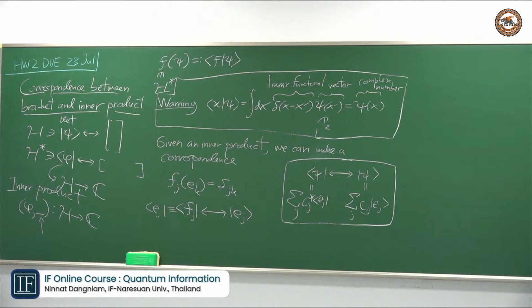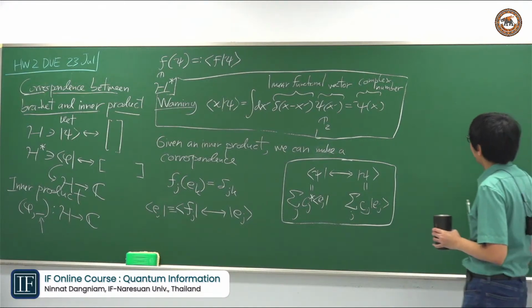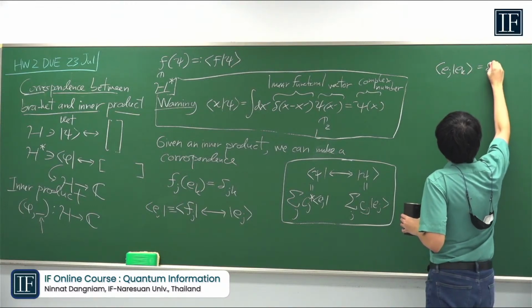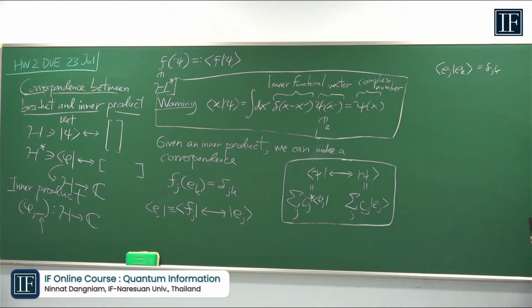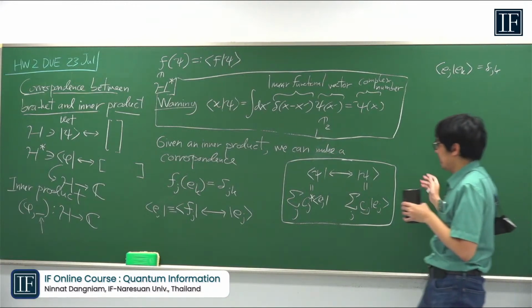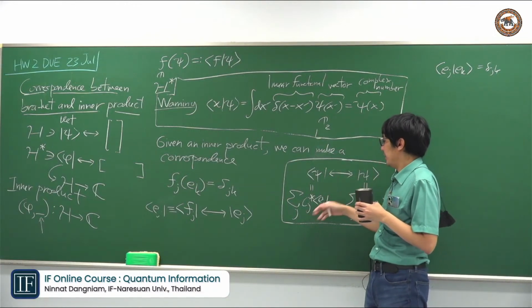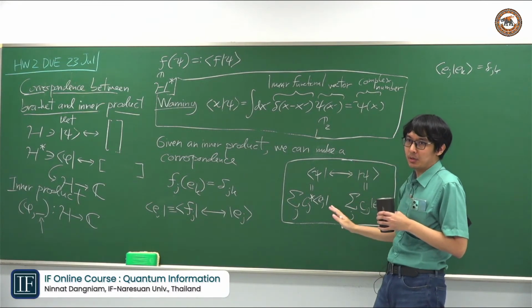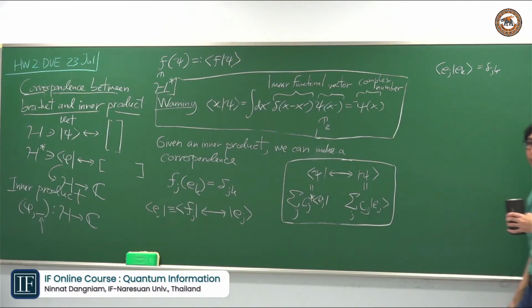Well, that doesn't really work, right? Because this is still the same no matter what. If you already choose this Ej as a basis, there's no coefficient.